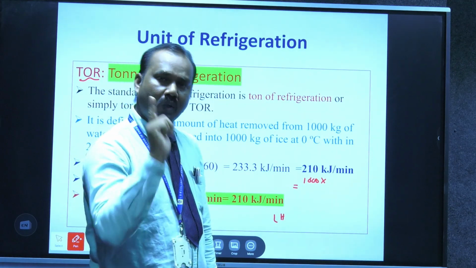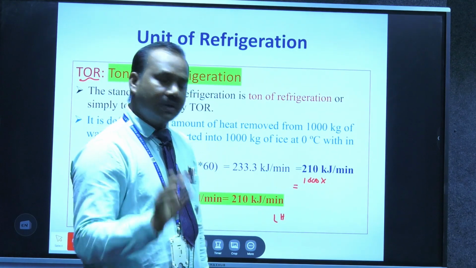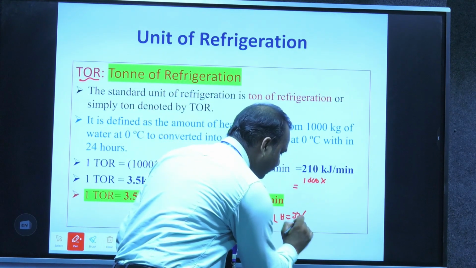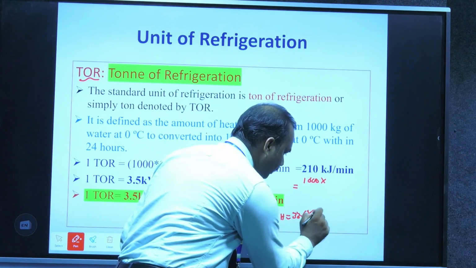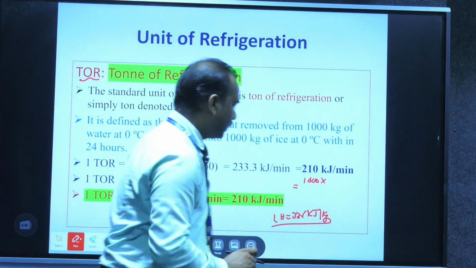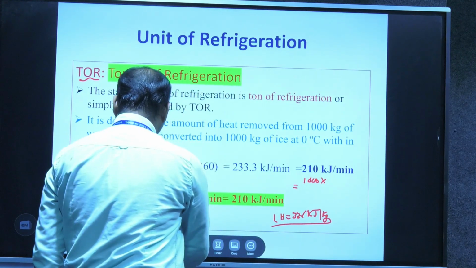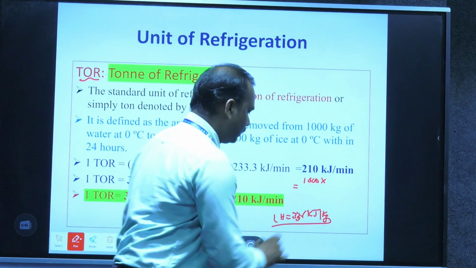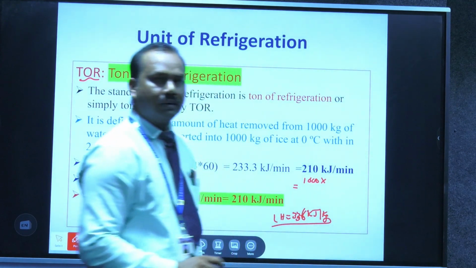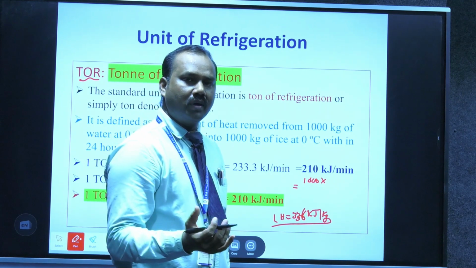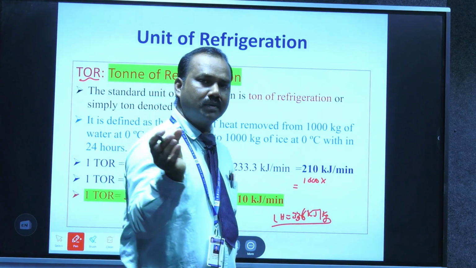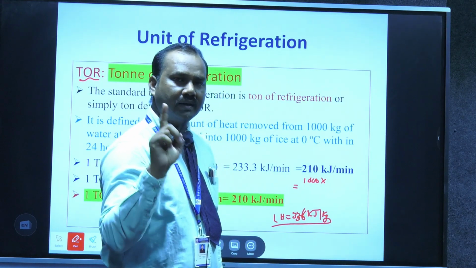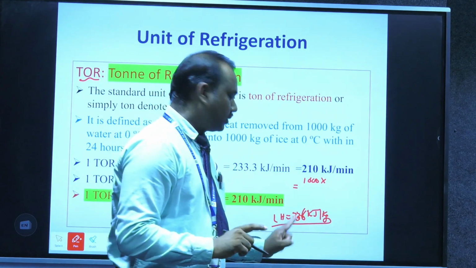If you want to convert 1 kg of water into 1 kg of ice, you need to remove a certain amount of heat, which is equal to 336 kilojoule per kg. The amount of heat removed from water so that the water becomes ice is 336. That means if you want to make ice from water, you need to remove 336.